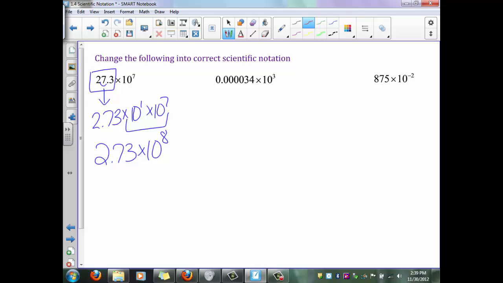On this second one, notice we need our decimal to be here. So looking at just this part, we can rewrite it as 3.4 times 10 to the 1, 2, 3, 4, 5, so negative fifth. Then we still have times our 10 cubed. Once again, we can add our exponents, and negative 5 plus 3 is negative 2.